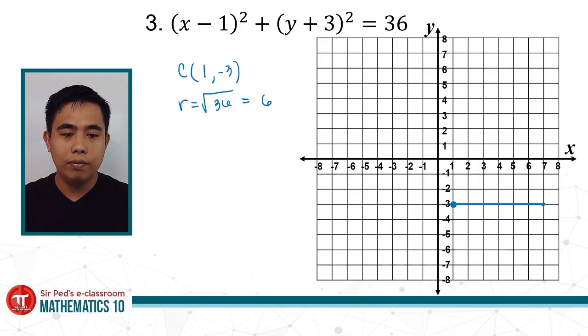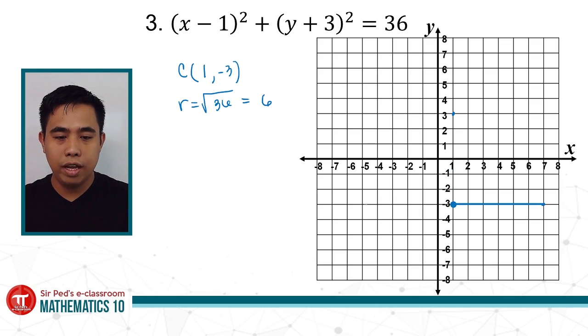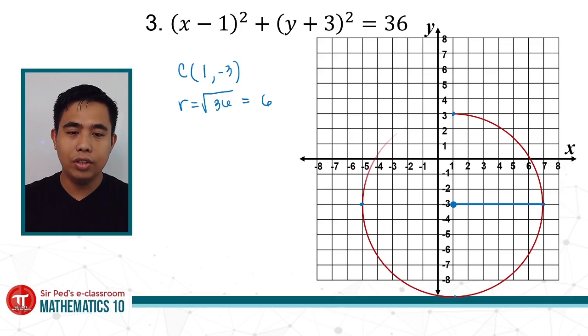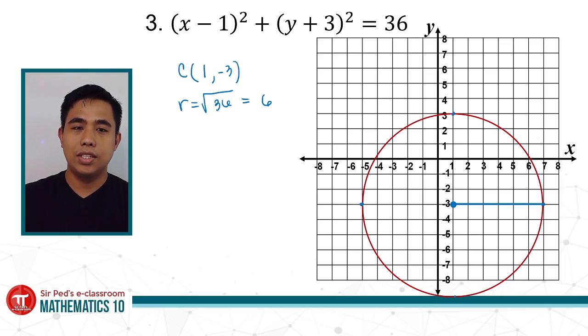And then count 6 units pataas from the center of the circle. 1, 2, 3, 4, 5, 6. Pa left sa center. 1, 2, 3, 4, 5, 6. Pababa sa center. 1, 2, 3, 4, 5. Okay? After that, yun na yung ating circle.